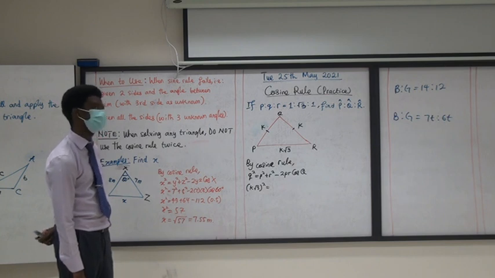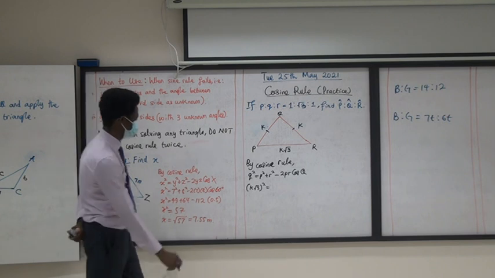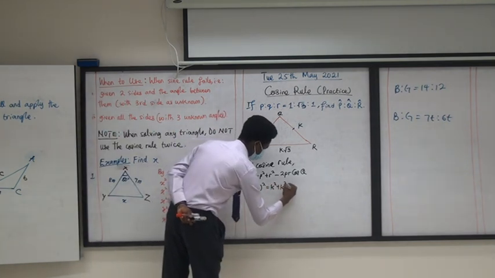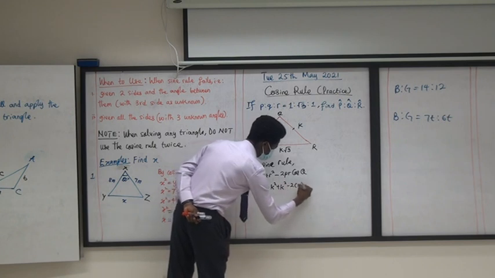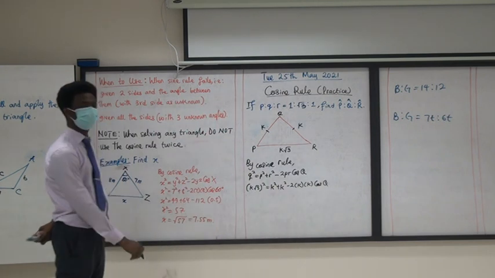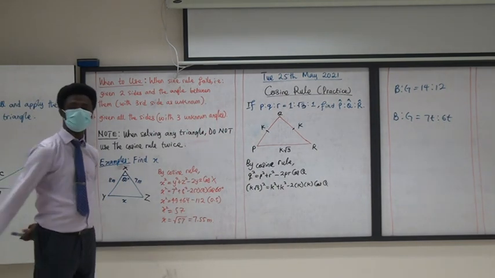So this is K squared, right? K squared, K, cos Q. Am I right? What's the left hand side?